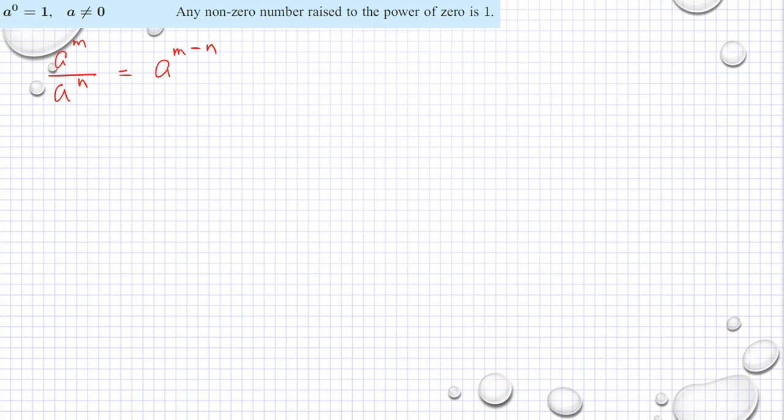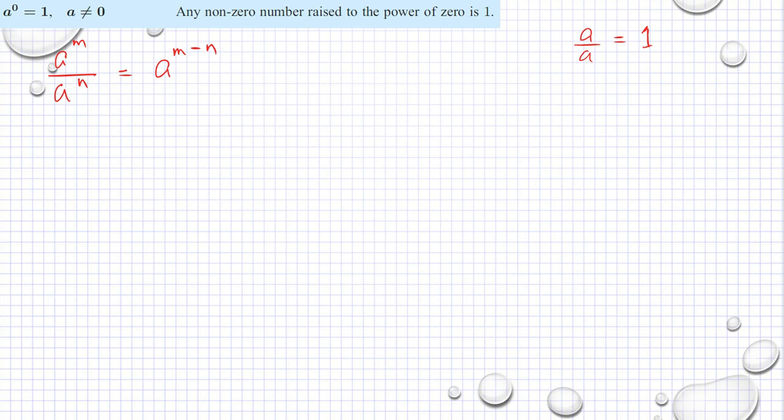Okay, so if I have a divided by a, we know that this is 1. When the numerator and the denominator are the same, then the quotient is always 1.